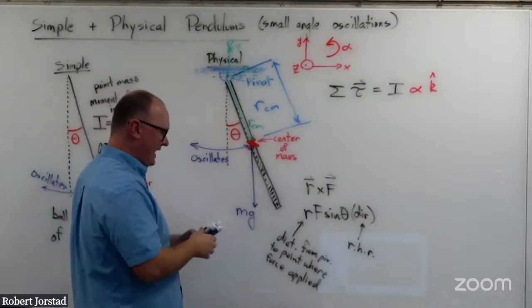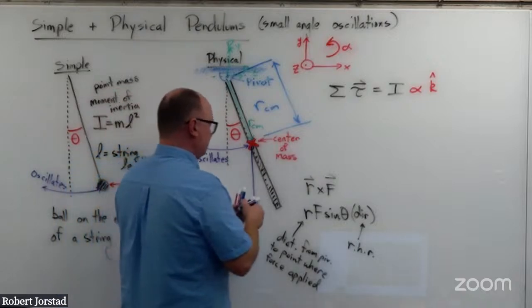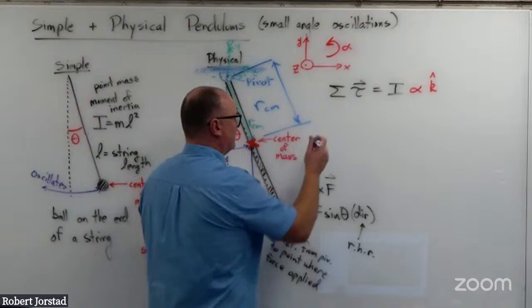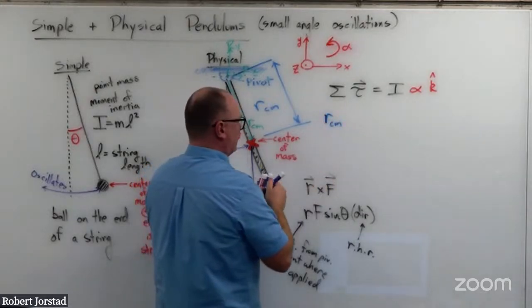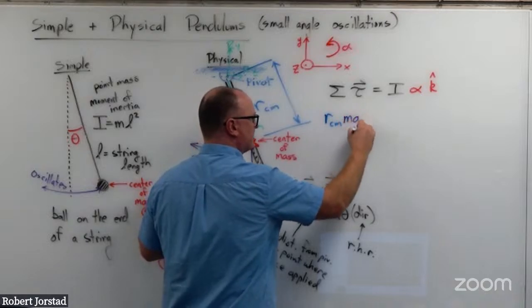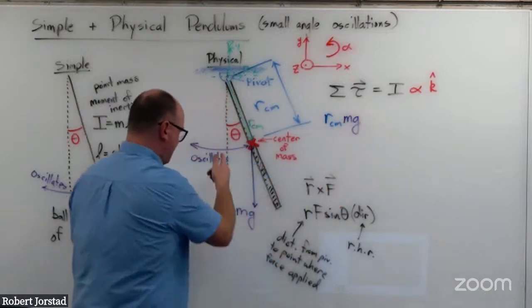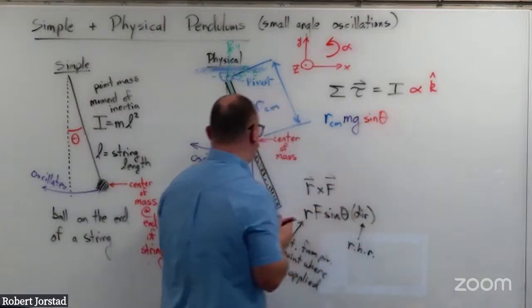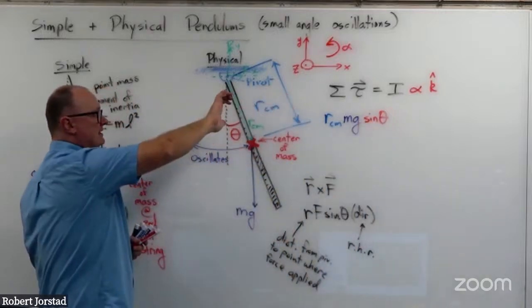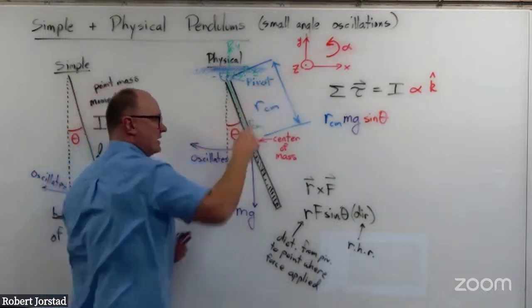So out of all that junk, what do we get? We get R center of mass. We get mg for the force. And then we're going to get a sine of theta here. And then let's think about it. It's into the page, negative k hat.